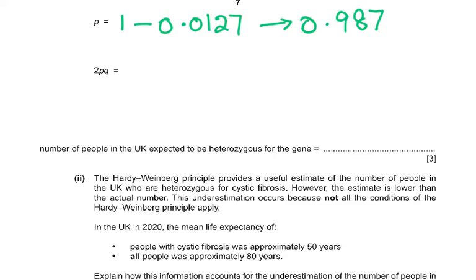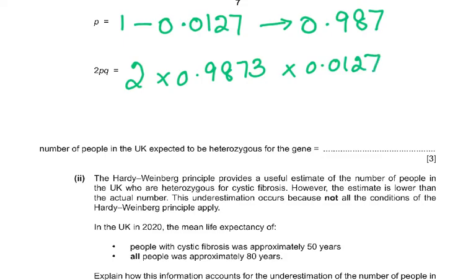Now 2pq is what? 2 into 0.9873 into 0.0127. If you just do this, it is 0.0251.